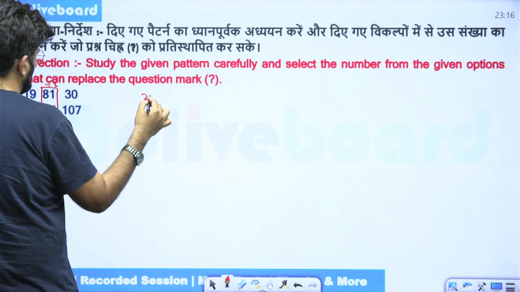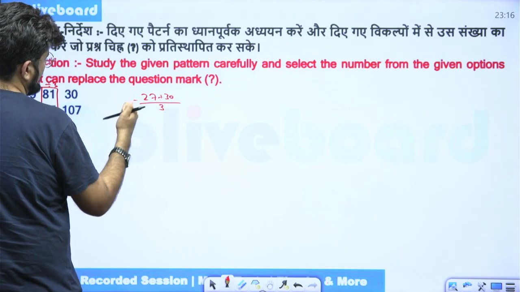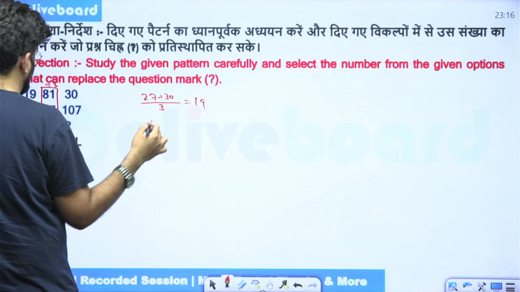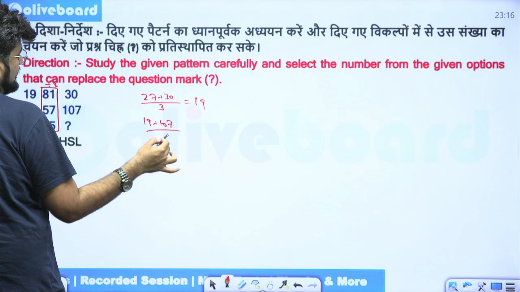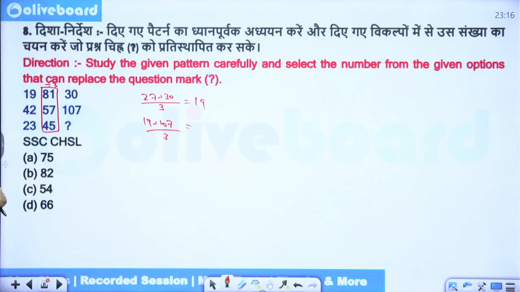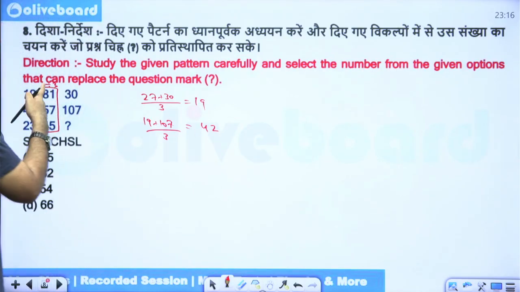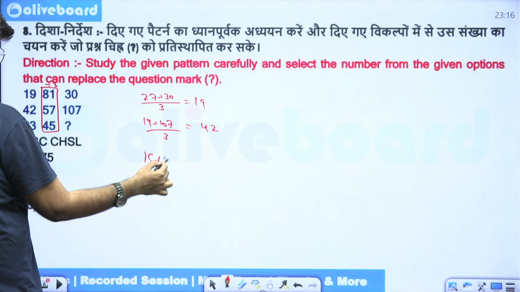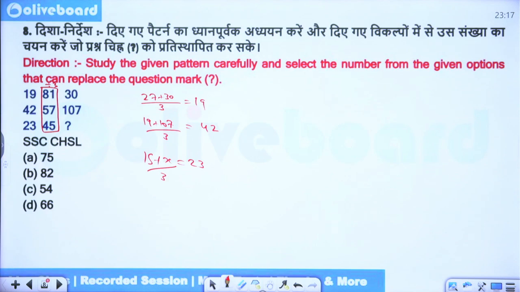So 27 plus 30 divided by 3 is 19, right? This is 19. 19 plus 107 divided by 3. So 126 divided by 3. Is it 42? Yes, it is 42. Great. Awesome. We have found it. So 15 plus x divided by 3 should be equal to 23. That's what it is. So 69 minus 15 is our answer. That is 54.